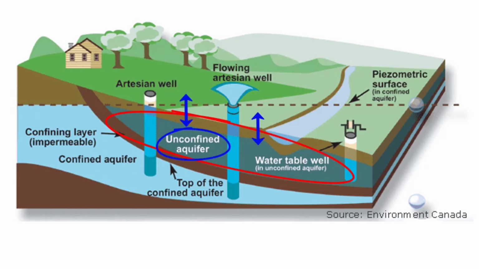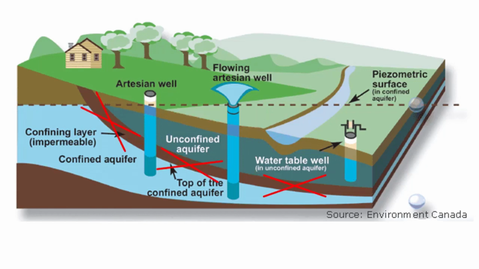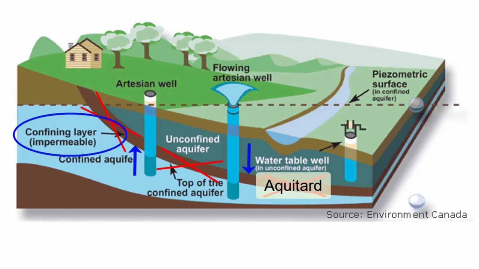So far, we have looked only at unconfined aquifers. But under the top aquifer in this image, there is a layer of impermeable rock that creates a boundary. None of the top aquifer water can move down across that boundary, and none of the water below can move up. We call that boundary a confining layer, or an aquitard.